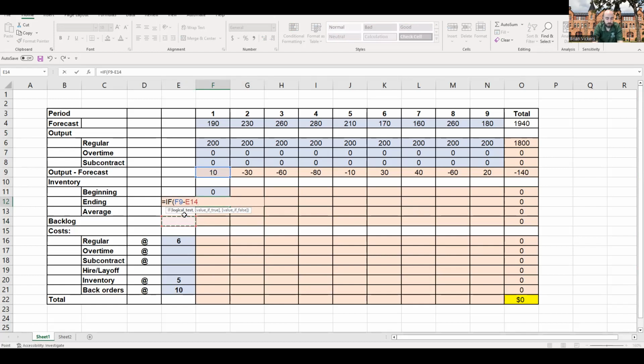If that value is greater than 0, then I want to show that number. If that number is a positive number, I want to show the number. So if this minus my backlog, I'm missing something here. I think I'm missing beginning inventory here. I am.